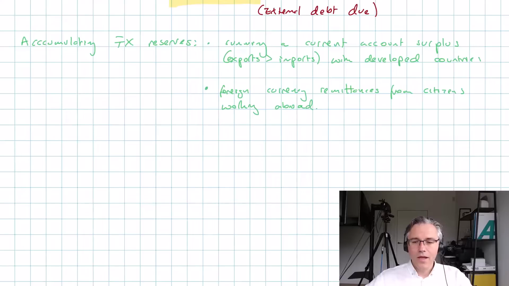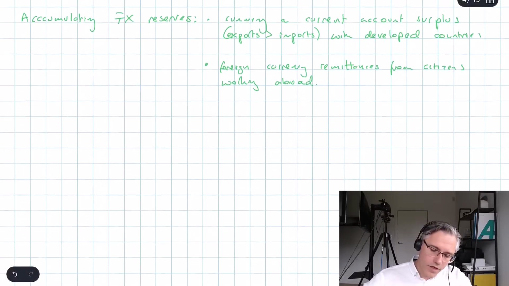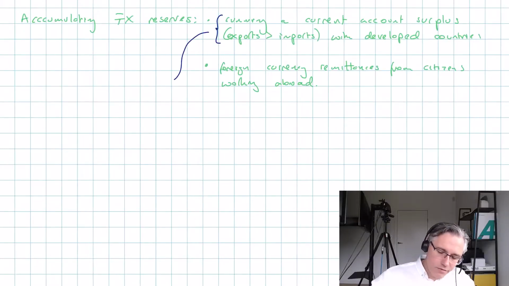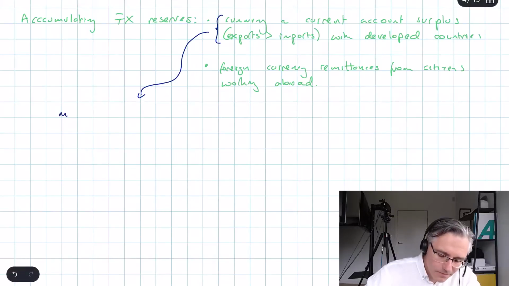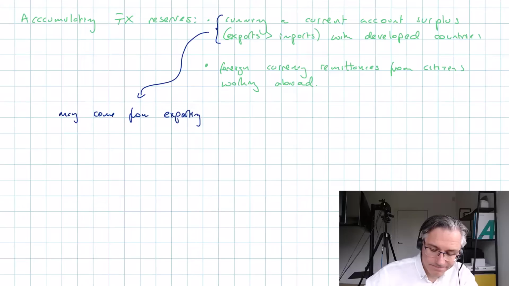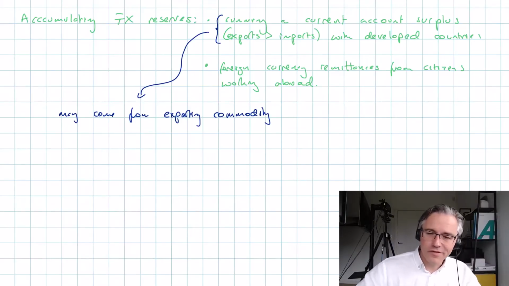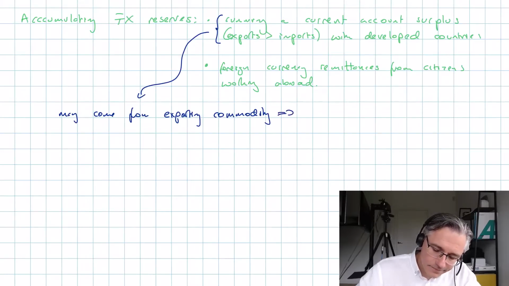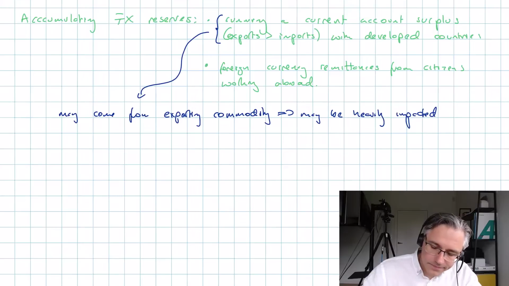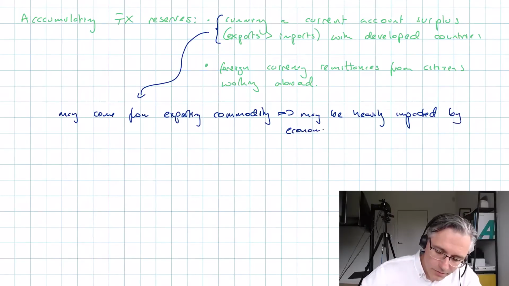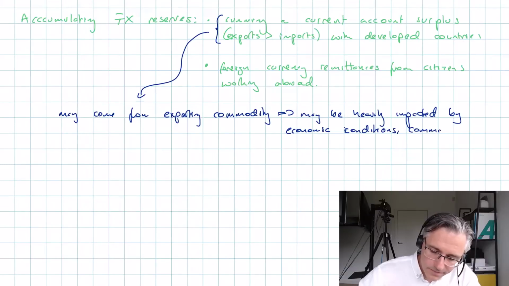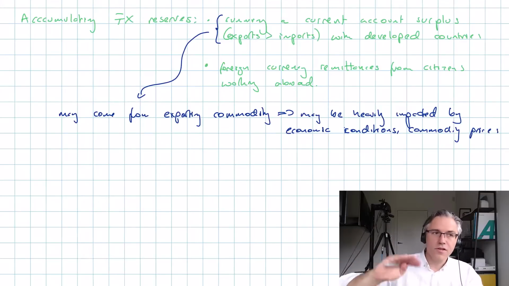their everyday costs. And the problem is over here that if you are a developing country, an emerging market nation, this may come, something we've talked about before, from exporting commodities, especially some single commodity that you rely on, which you have by nature of your geography, and then this may be heavily impacted by economic conditions in the market, whether people do want to buy your commodity, prices, etc., etc. So those reserves may not be very stable.